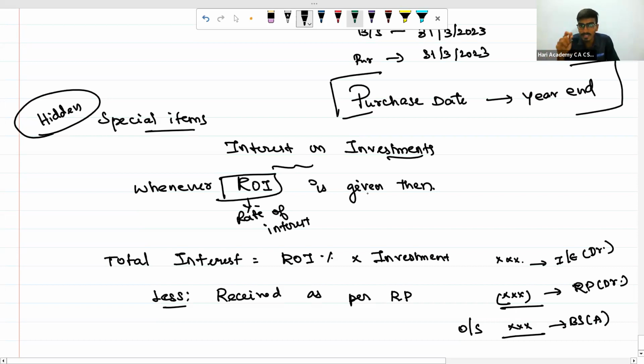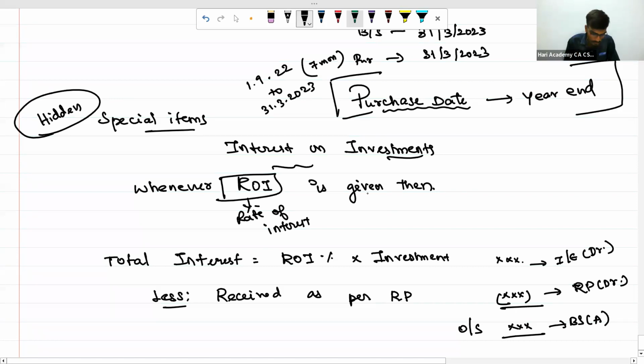As far as the NPO chapter is concerned, it is purchase date to year end. If I purchase it on 1/9/2022, my year end will be 31/3/2023. That is 9, 10, 11, 12, 1, 2, 3, so I will only calculate 7 months of interest or 7 months of depreciation.